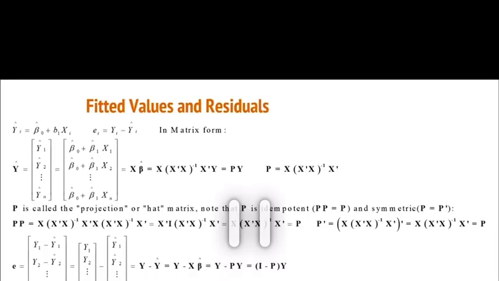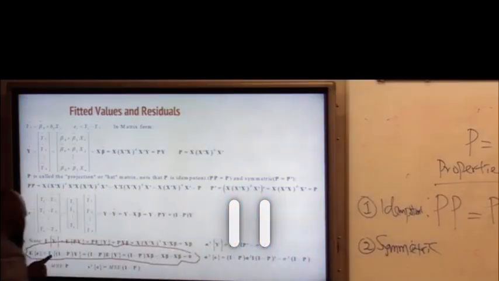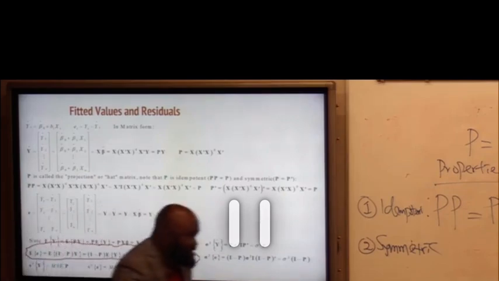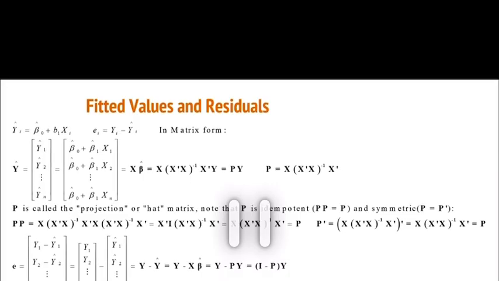If that happens, expectation will only grab variable Y. I minus P is fixed, so it's going to come out of the expectation. Now, what is the expected value of Y? We've derived that to be X beta. Now, I minus P multiplied by X beta.